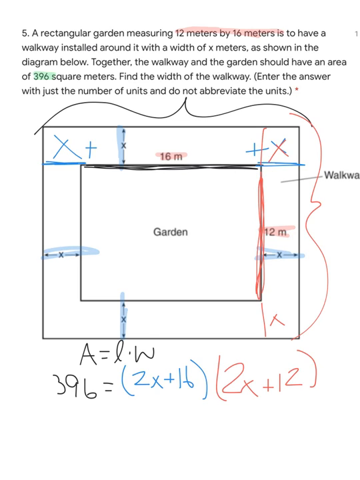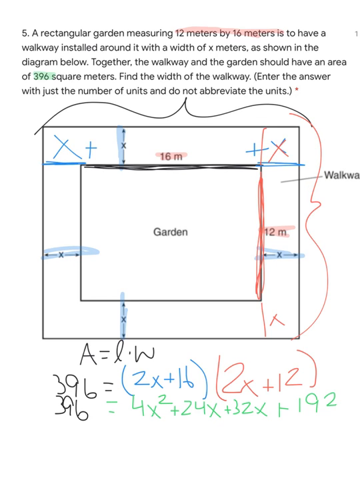So if we FOIL this out, we'll do 2x times 2x is 4x squared. 2x times 12 is 24x. 16 times 2x is 32x. And then 16 times 12 would end up giving us 192. And then don't forget we have the 396, that's the total area.